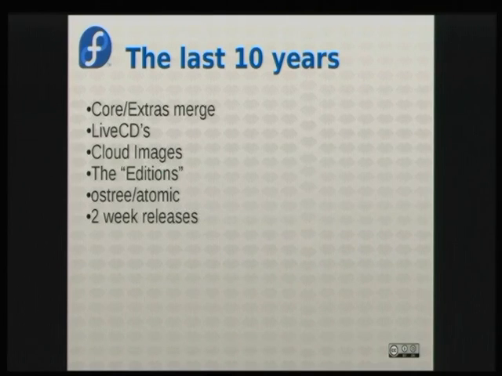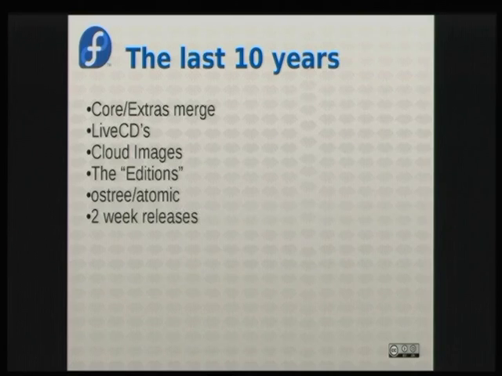And then in Fedora 21, we got the editions, where we then had to figure out how to go from making an install DVD with a repo of packages, and at the time I think it was about 6 or 7 live CDs and the cloud image, to making three different editions with three install trees, and we had to revamp what we did.